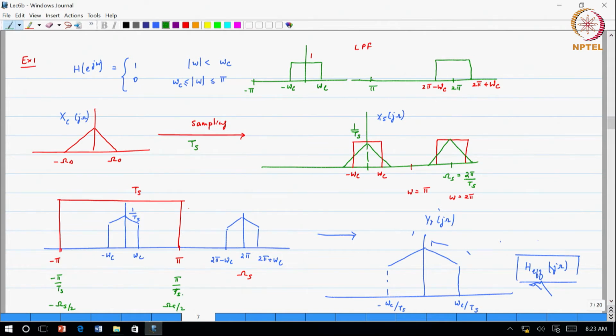All these are equivalent representations of those frequency markers, and then all other images would be removed.